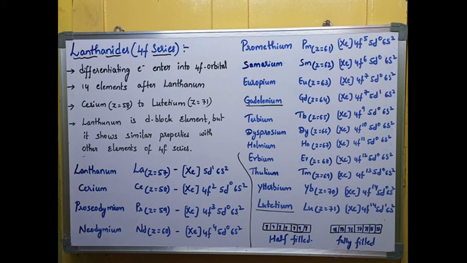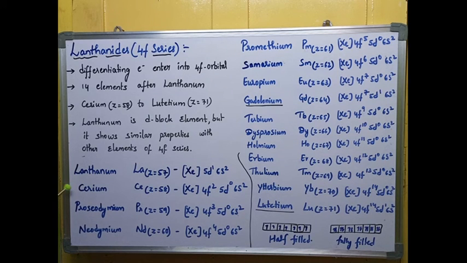Okay, now let us see the electronic configuration, the filling up of electrons, and before going to the filling up of electrons, we'll see the pronunciation of the elements. Lanthanum, you already know, symbol La, and atomic number 57. Next, coming to cerium.